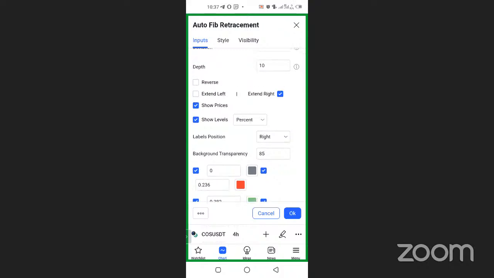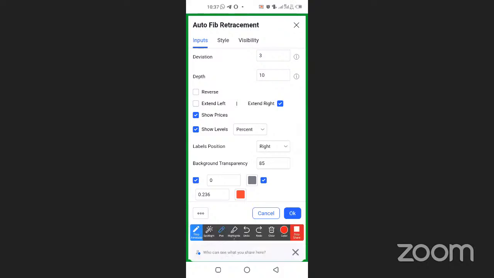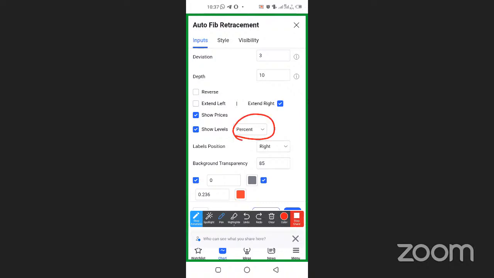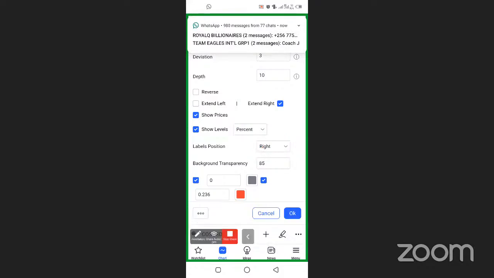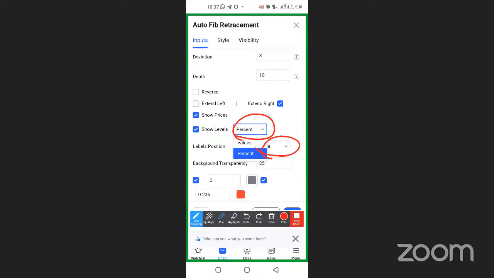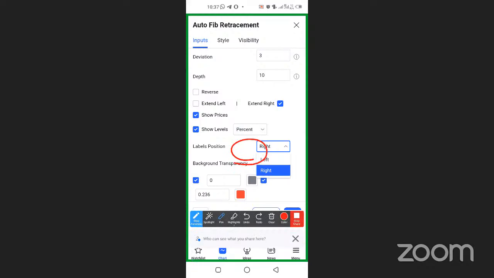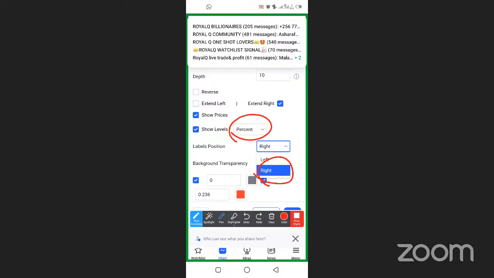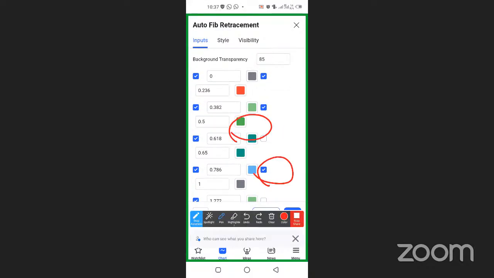I would encourage maybe this person only takes screenshots because the auto FBI retracement is simple. There are just a few settings, where I'm circling, where you need to touch. You tap on this arrow, then you choose %. Then you tap on this arrow, then you choose the right one. Then the last setting, you tick everything on this side.